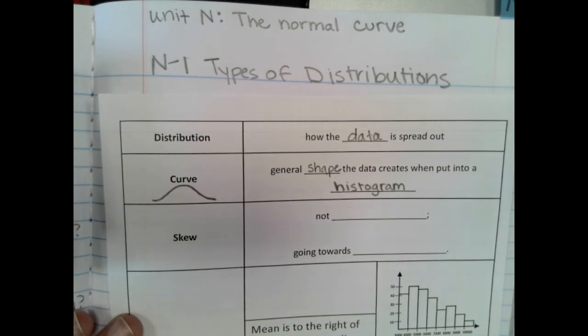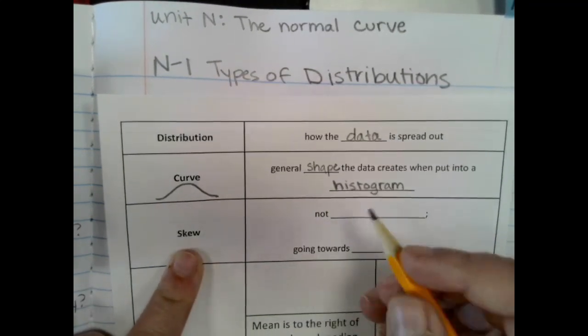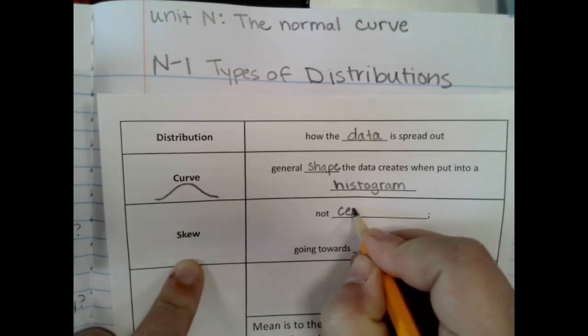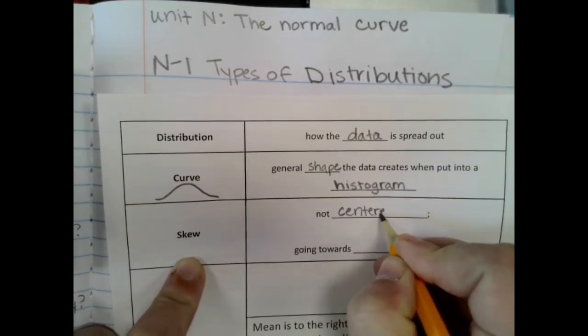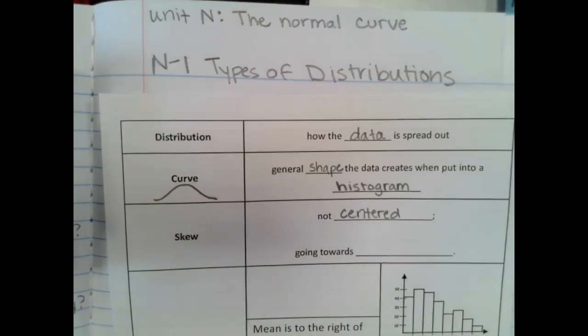All right. So skew means it's not quite right, so it's not centered. So it's not right in the middle. It doesn't look exactly the way that we like it to look.